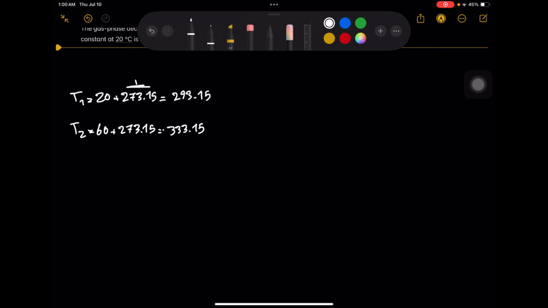Now, what else do we have? The rate constant at 20 Celsius is K1, so our K1 is 2.75 times 10 to the power of negative 2, and we want K2.